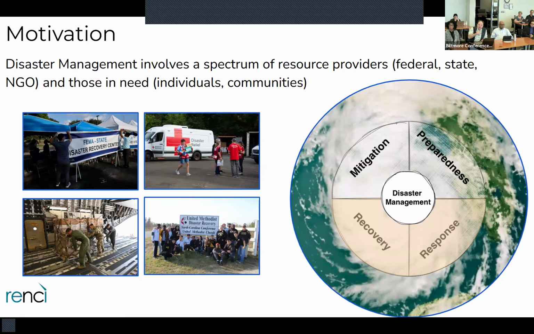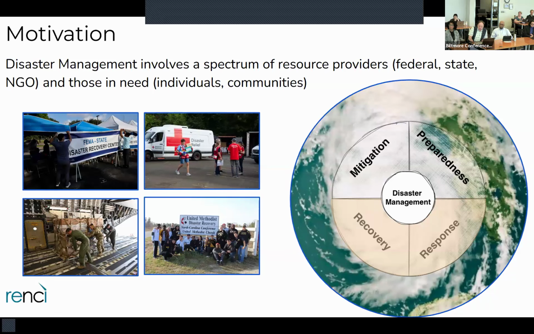I'm typically thinking of the recovery and response aspect of the problem, although all four of these are arguably very important. And one could argue that preparedness is more important than anything, if you can actually get communities to make improvements in their infrastructure or whatever is really at risk.